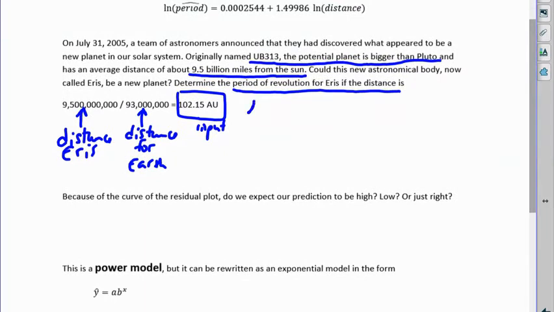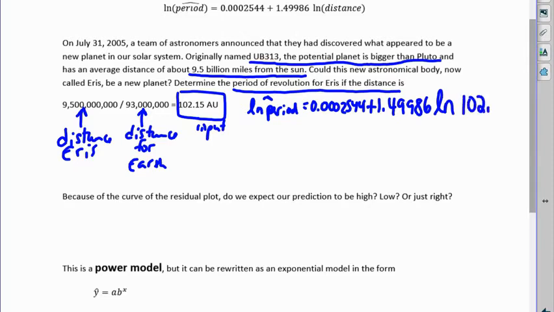So natural log of the period will be 0.002544 plus 1.49986 times the natural log of the distance in AU units, 102.15.